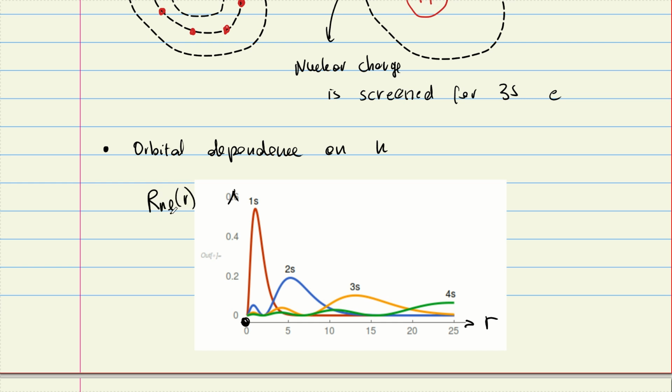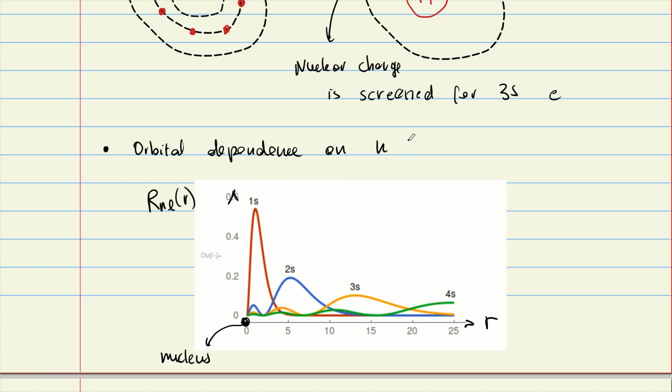For example, for 1s, n is equal to 1 and L is equal to 0. And you can see the 1s orbital is closest to the nucleus, and then 2s, then 3s, then 4s, right?